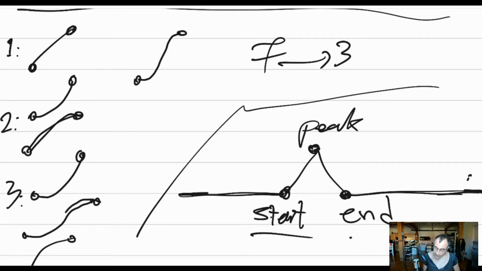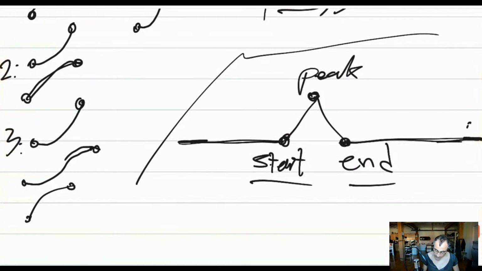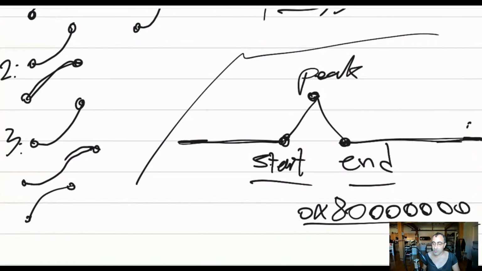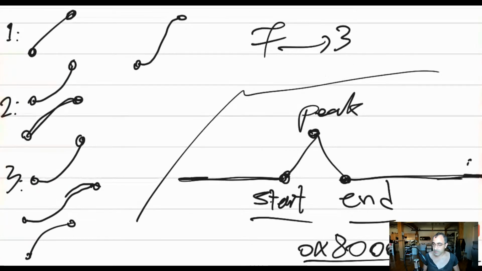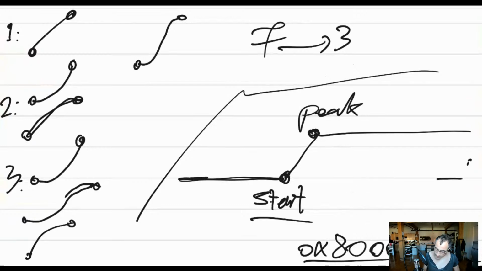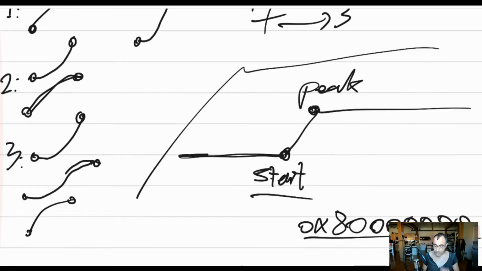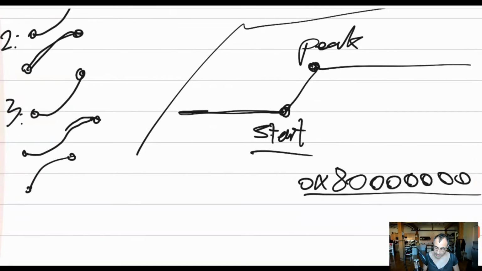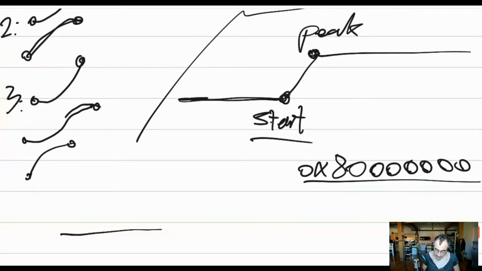For start and end, we use a magic value in the file, which happens to be 80000. The actual value is not important, but we use a magic value to say there's no end, just stay there. So you can have one-sided things. That also offers file size saving and other advantages. So you can smoothly go up and stay there.